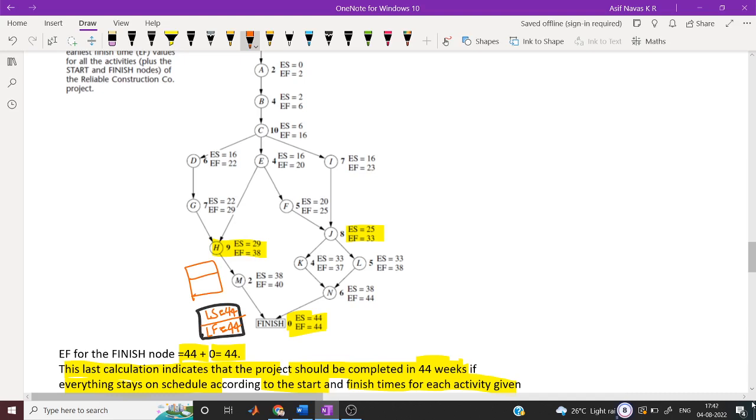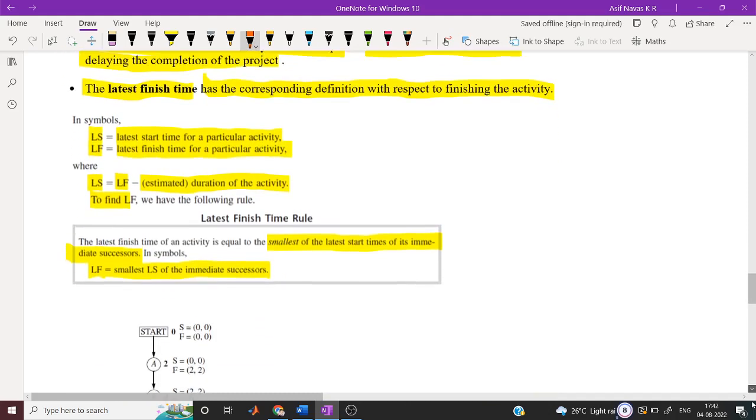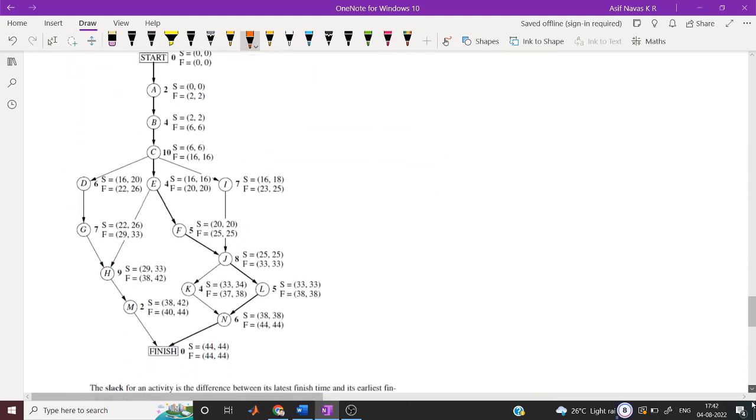So here LF is equal to 38 and LS is equal to 38 minus 2, that is 36. Let me check whether we have done it correctly or not.